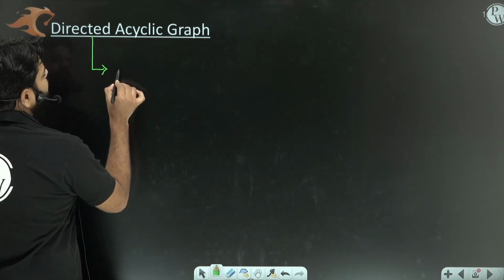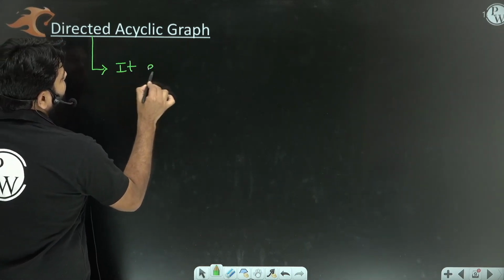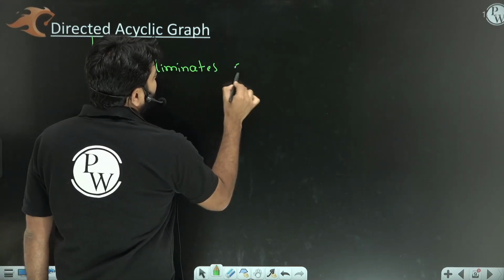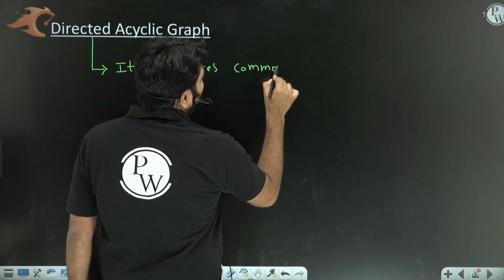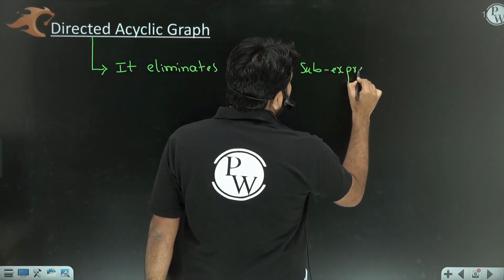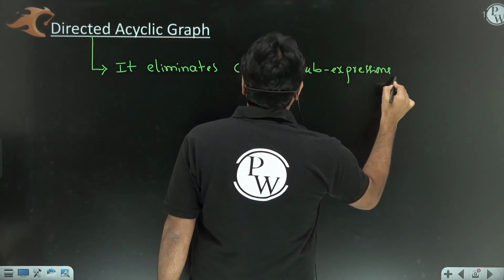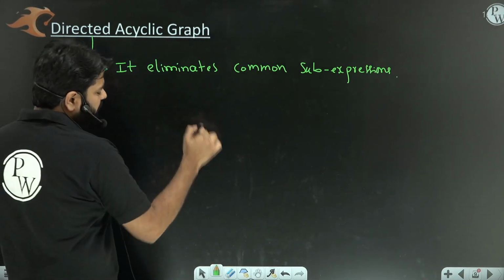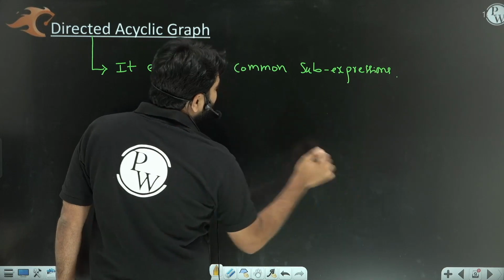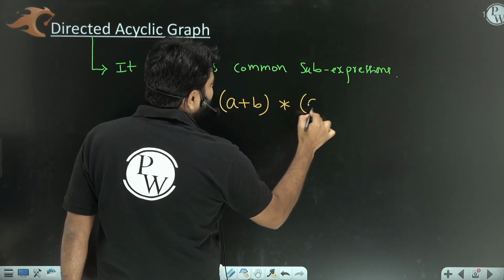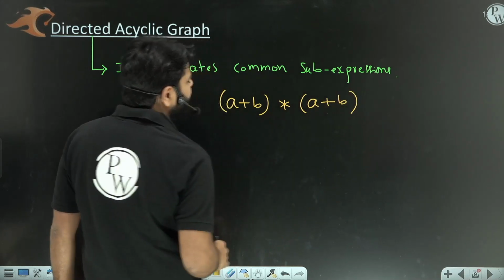Basically, if you have any common sub-expressions, they can be eliminated. It eliminates common sub-expressions. You have seen an example just now, that is A plus B multiplied with A plus B. Okay.